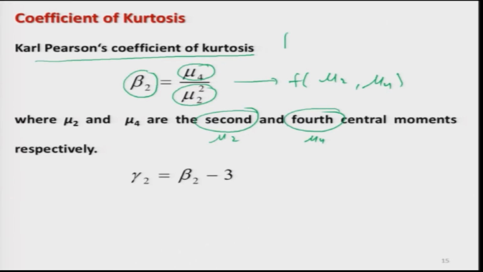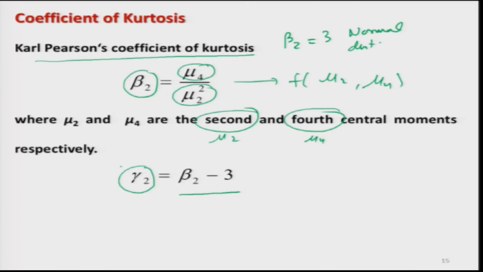The value of beta 2 for a normal distribution comes out to be 3. So, we define another measure which is beta 2 minus 3, and we denote it by gamma 2.